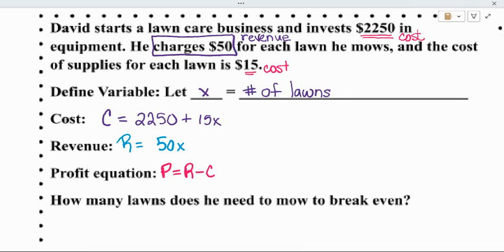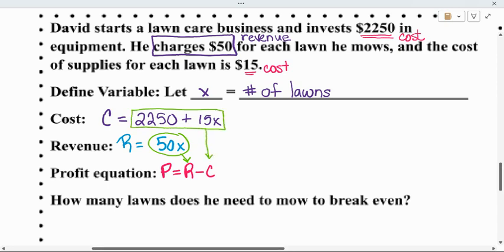Because that's not really helping us at all. What are we going to do, Owen? We're going to put the revenue and the cost, their numbers, in. Yeah, we're going to substitute, placing the R and the C. We're going to take this 50x and put it right here where our R is. And then we're going to take this whole expression and plug it in here for C.